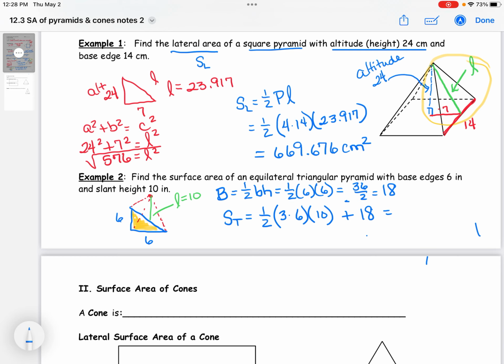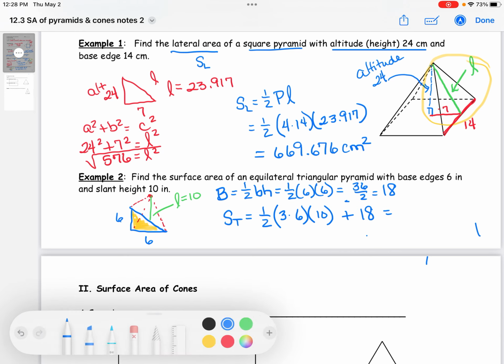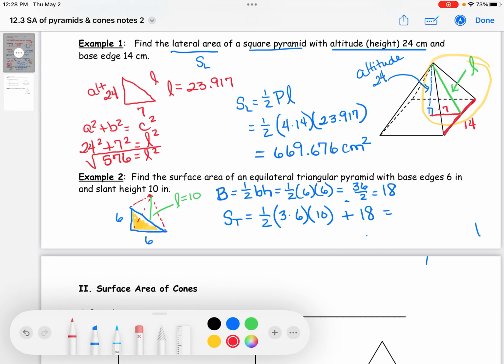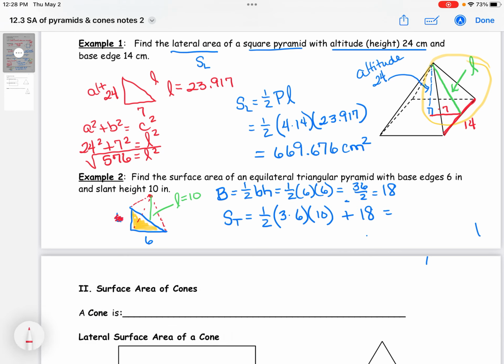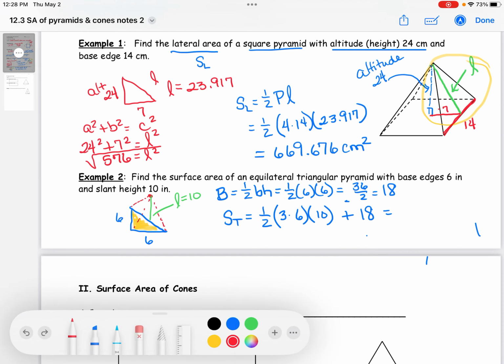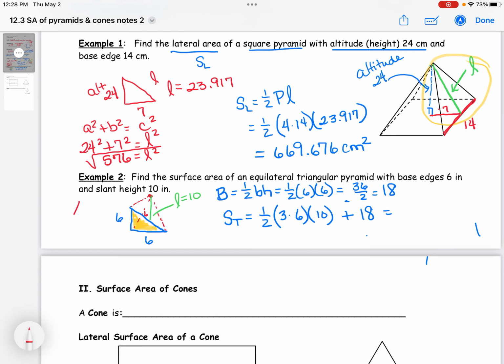Oh, because I drew my triangle wrong, I forgot. Oh, yes, it is 6 and 6. That is 6 and 6, but this other side is 6 also. So let's take that little triangle for the base.